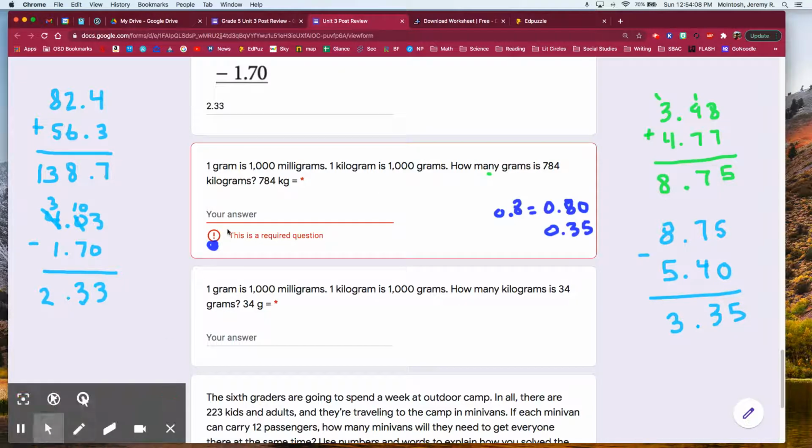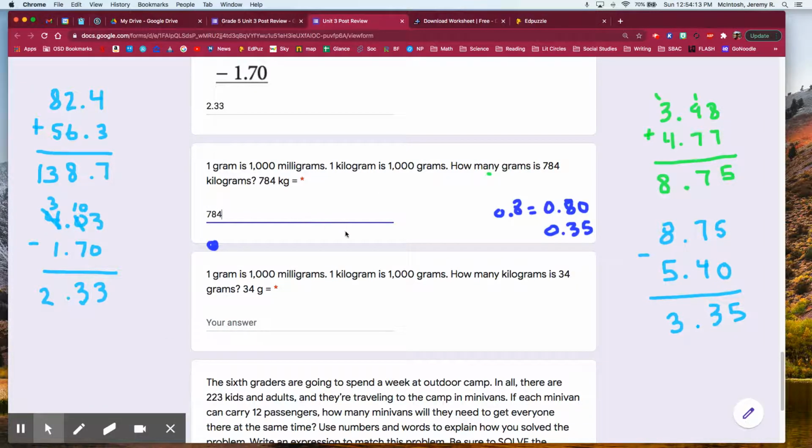Just like we practiced in class, we write 784 and multiply by 1,000. The decimal moves over 3 places, because there are 3 zeros. So there are 784,000 grams in 784 kilograms. Okay, that's a lot.